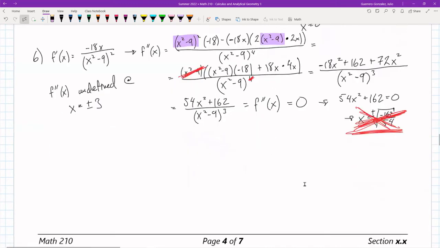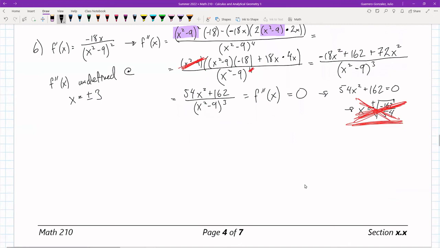We're going to do the test for concavity, right? So this one required you to use, again, the number line. Okay, negative 3 down here, positive 3 up here. Notice that this one doesn't have 0 because 0 was a critical value, right? Not an inflection point.